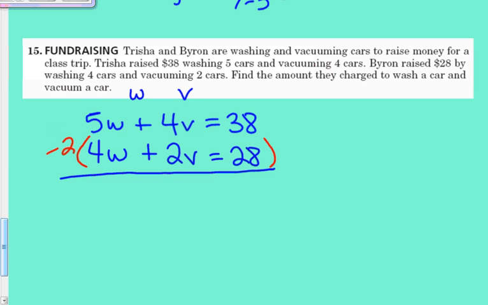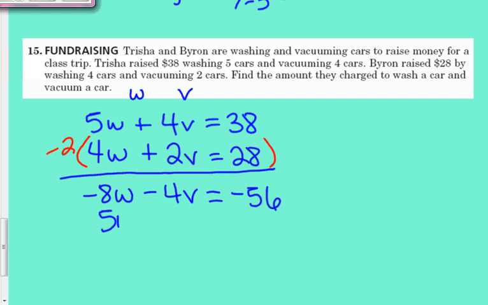So when I multiply that out, I'll get -8w minus 4v equaling -56. And then we can write the top one underneath, plus 4v equals 38.